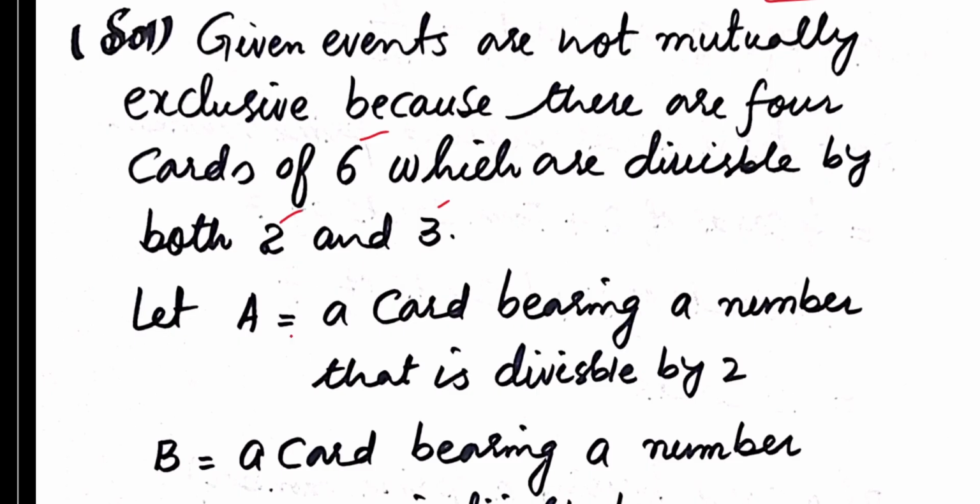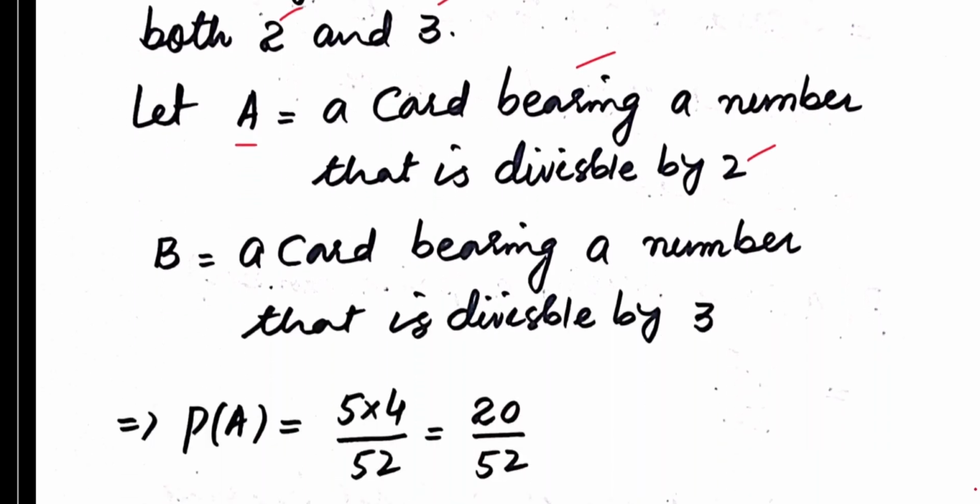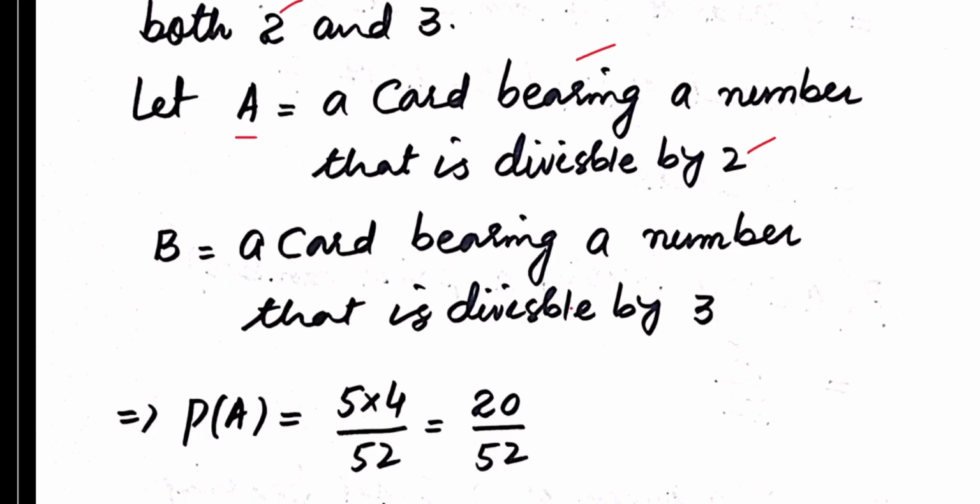For our convenience, let A represent a card bearing a number that is divisible by 2, and B a card bearing a number that is divisible by 3. So probability of A, a card divisible by 2.